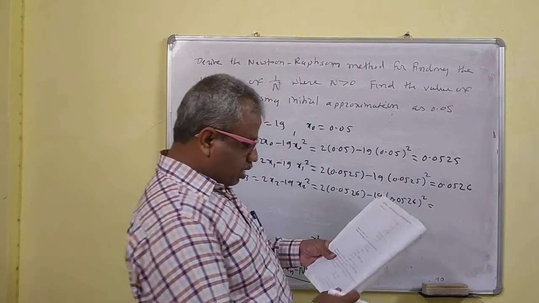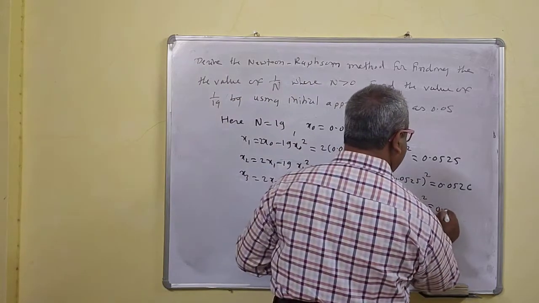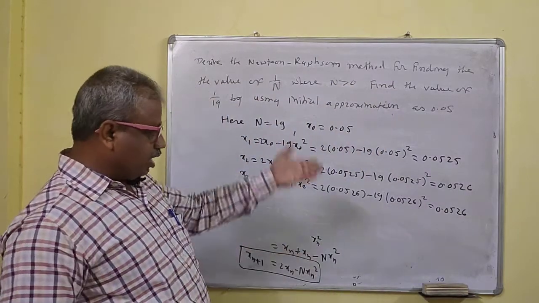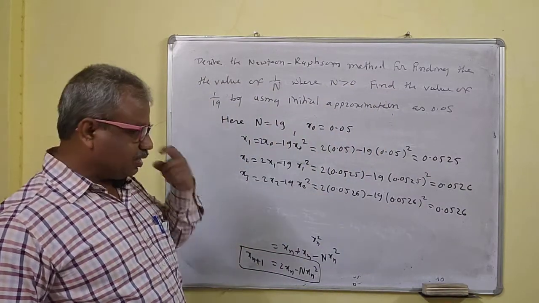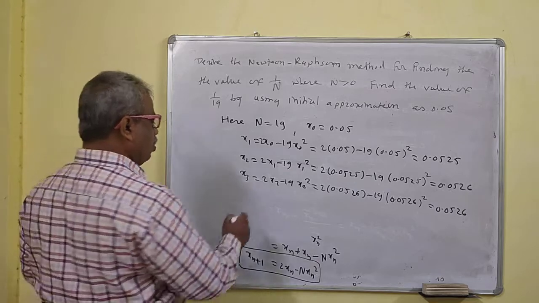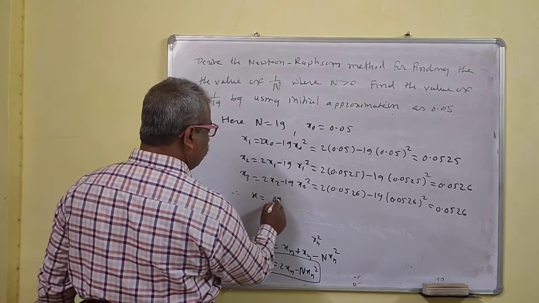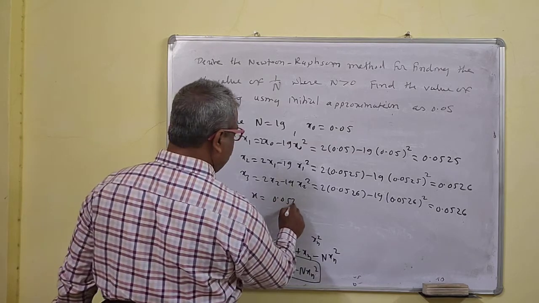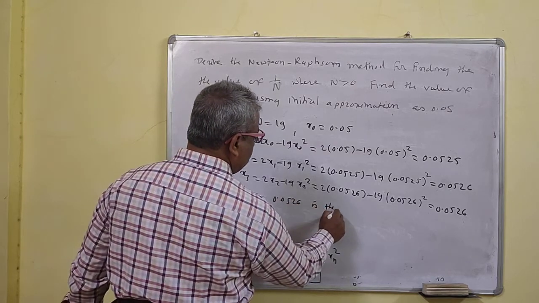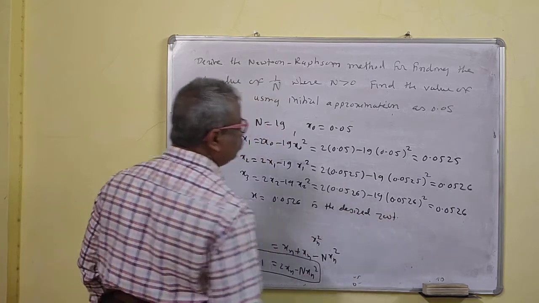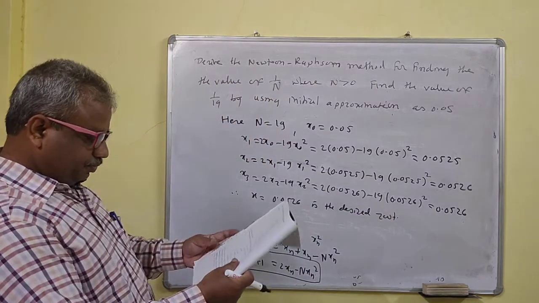You will get a value of 0.0526. Actually we get it correct up to 4 decimal places. Therefore x is equal to 0.0526, the desired root.